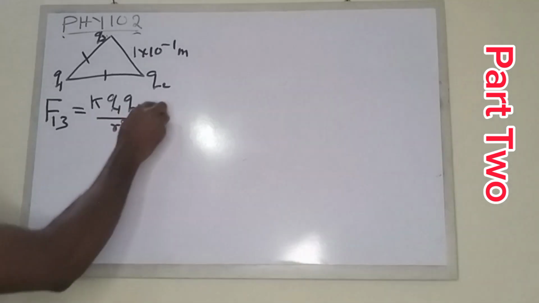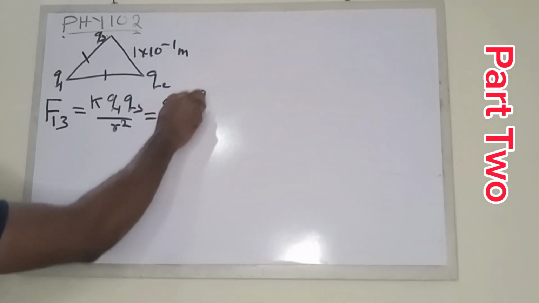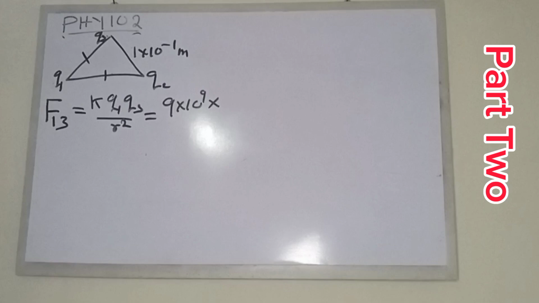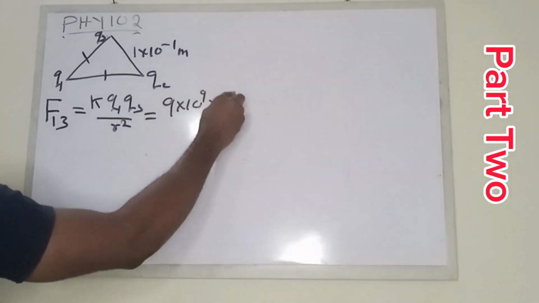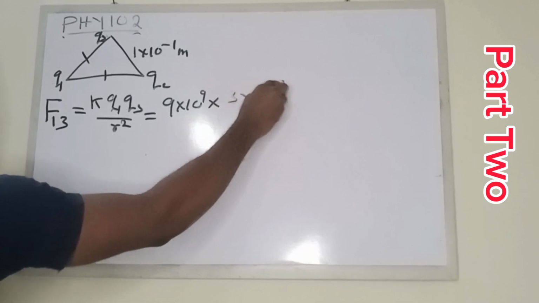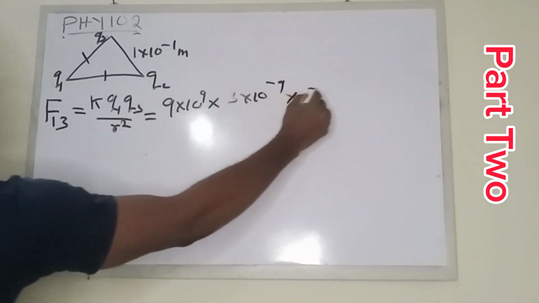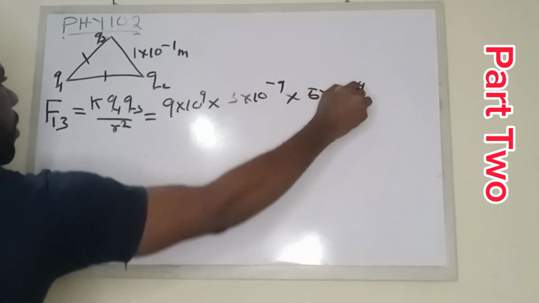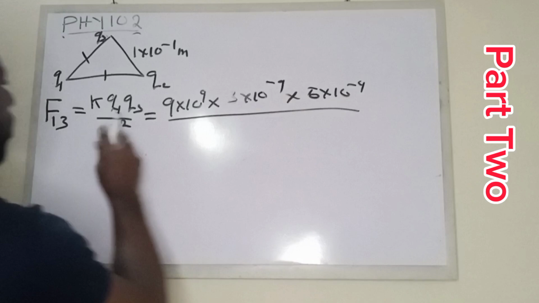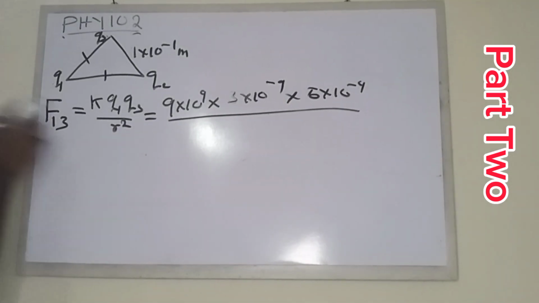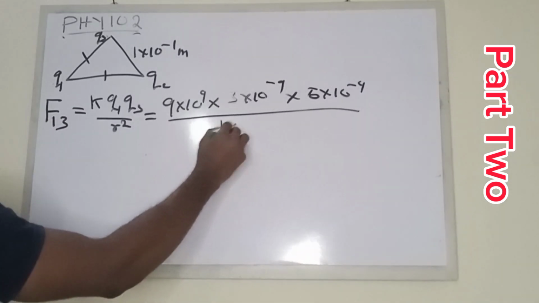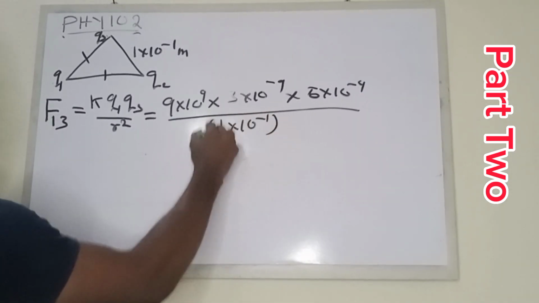That is 9 times 10 raised to the power of 9, multiplied by Q1, which is 3 times 10 raised to the power of minus 9, multiplied by Q3, which is 5 times 10 raised to the power of minus 9, all over our distance, 1 times 10 raised to the power of minus 1, all squared.